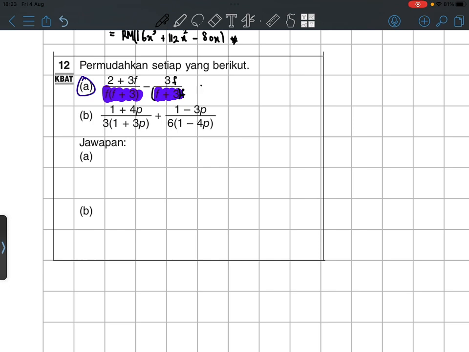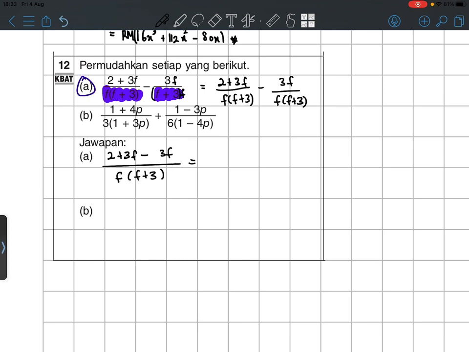So we have 2 plus 3f over f in bracket f plus 3, minus 3f divided by f in bracket f plus 3. The denominator is identical already, so we can combine them: 2 plus 3f minus 3f divided by f bracket f plus 3.